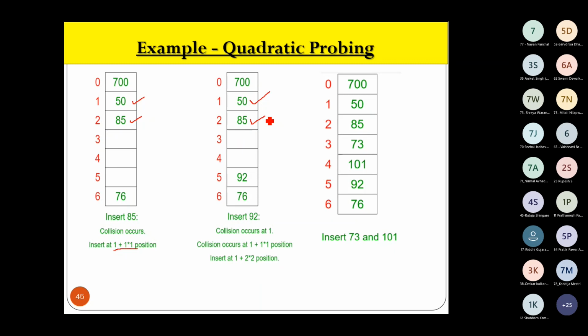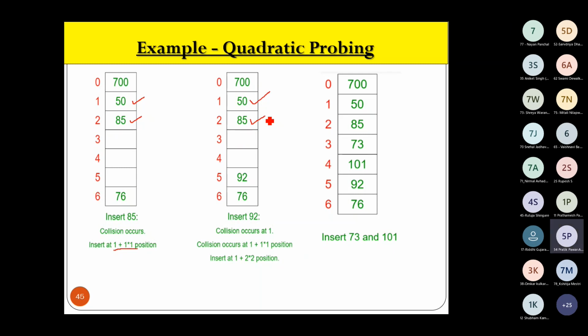The next location to be checked is 1 plus 2 square. 2 square is 4, 1 plus 4 is 5. So 92 will be inserted at location 5. Right?